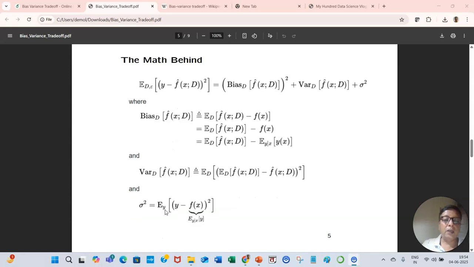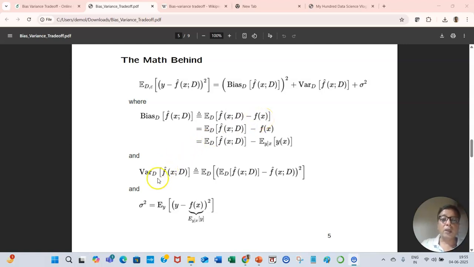Some math behind: if you consider the total prediction error, which is the expected value of y minus the model prediction f hat x whole square, it is bias square plus variance plus sigma square, the irreducible error, where the bias is the expected value of the model output compared to the model itself.